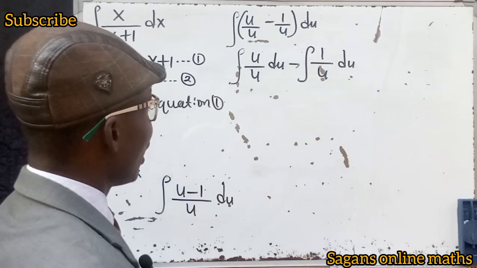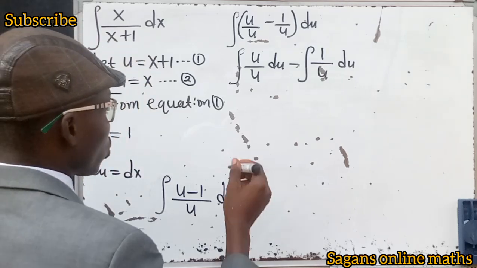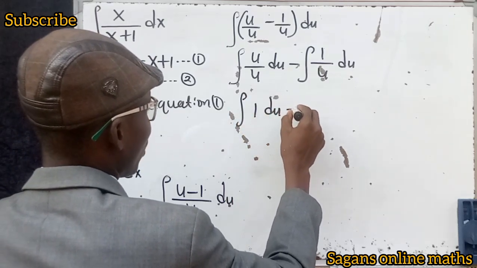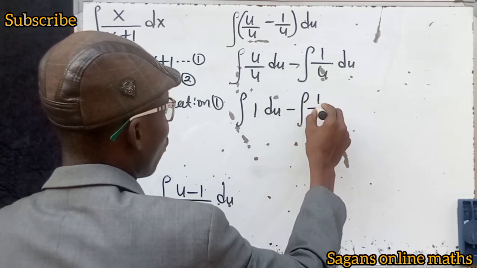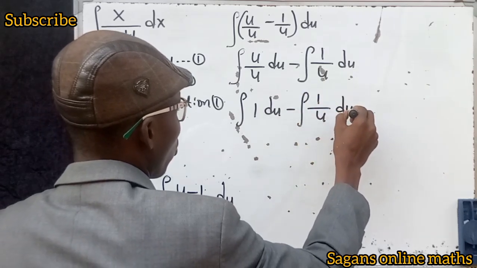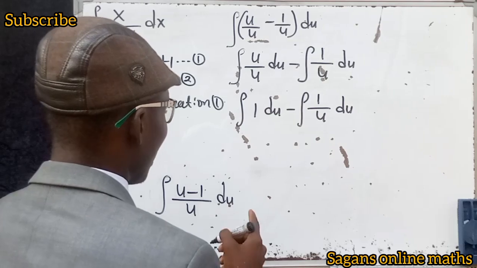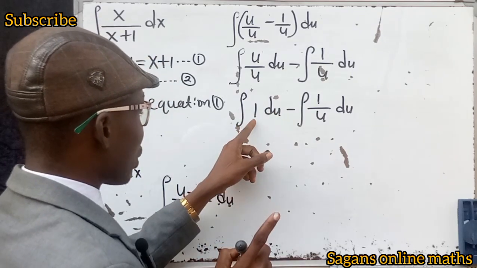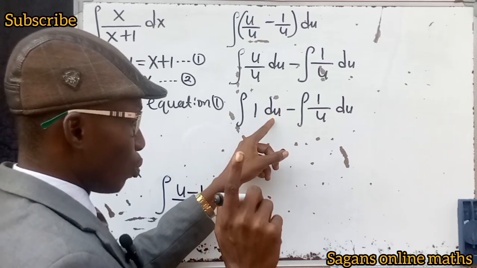Perfect. Excellent. Now we know that u divided by u is 1, so this now becomes the integral of 1 du minus the integral of 1 over u du. Now if we integrate 1 with respect to u, it is just u. Take note: when we integrate 1 with respect to u, it is just u.